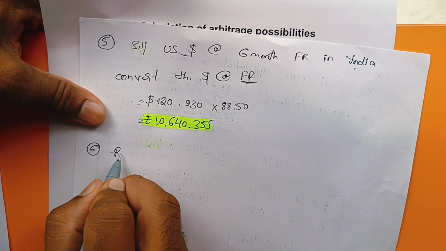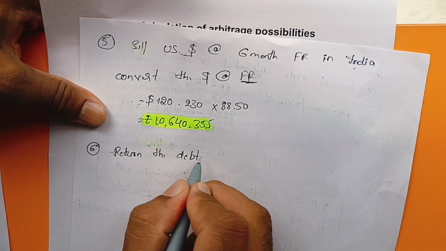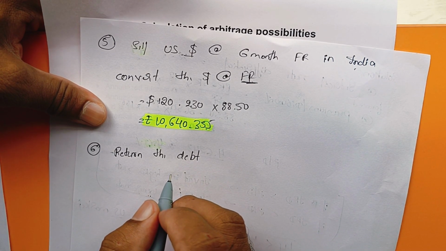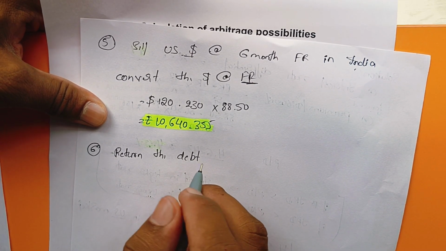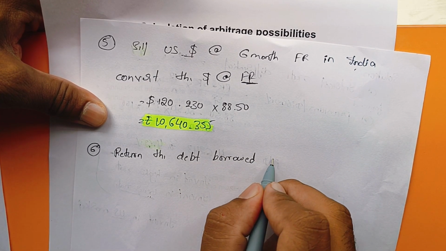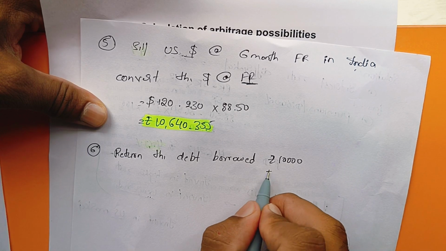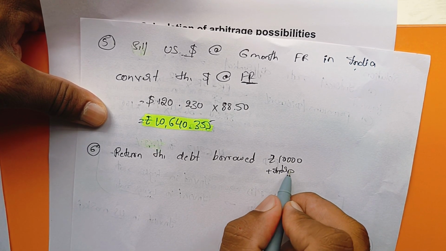Next, return the debt. Debt is nothing but initially we borrowed rupees 10,000 from the Indian market. Return the debt borrowed. How much did we borrow? We borrowed rupees 10,000 plus interest.